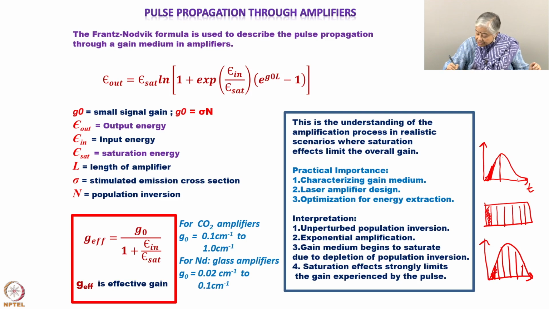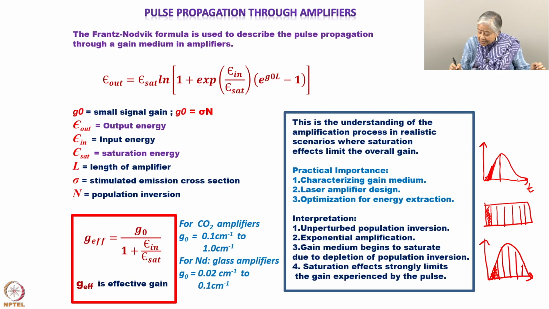But when this second strip of the pulse comes to the first strip of the medium, it sees the same gain, it sees a gain of G0, because this part of the pulse is a tiny energy which is a small signal, that is why it is called the small signal gain. When the signal, that means your seed pulse, is small, it has not perturbed the gain at all.